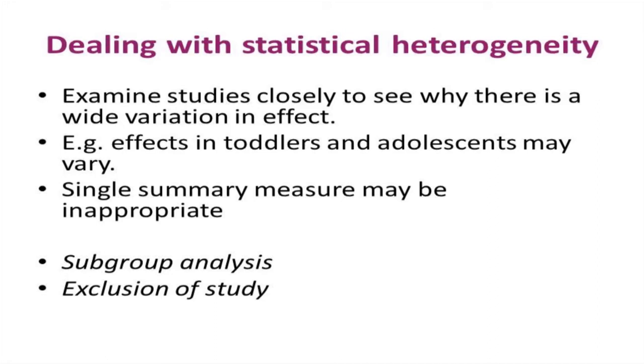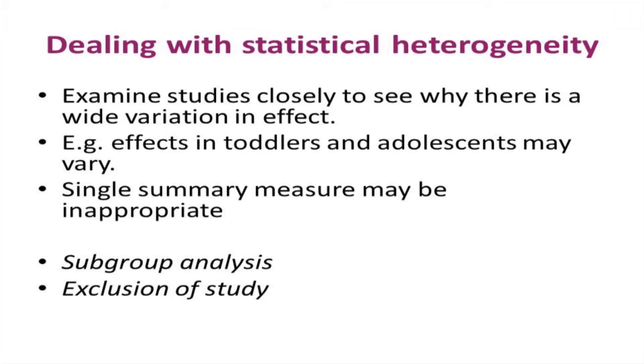And it might actually be that you have different study populations, for example, or different exposures, different outcomes. And if you have much heterogeneity, it might be inappropriate to summarize your included studies into a single summary measure. And I guess you perhaps said that also this morning.